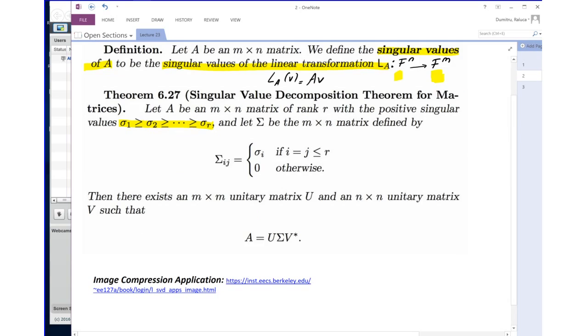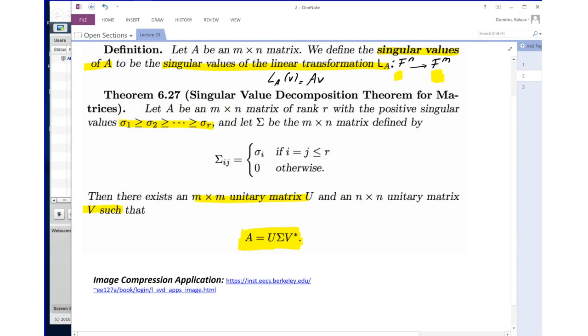But this theorem here doesn't really talk much about those, but they will be used to come up with two matrices, U and V. And a matrix sigma. What is sigma? Sigma is just a diagonal matrix with singular values placed on the diagonal. And you have this very useful, I would say, nice decomposition for the matrix: U sigma V star.